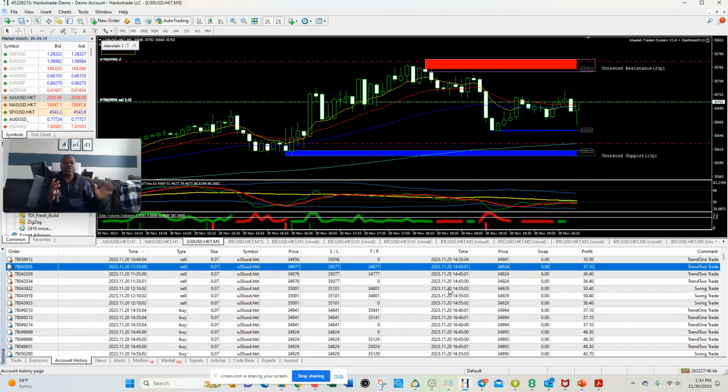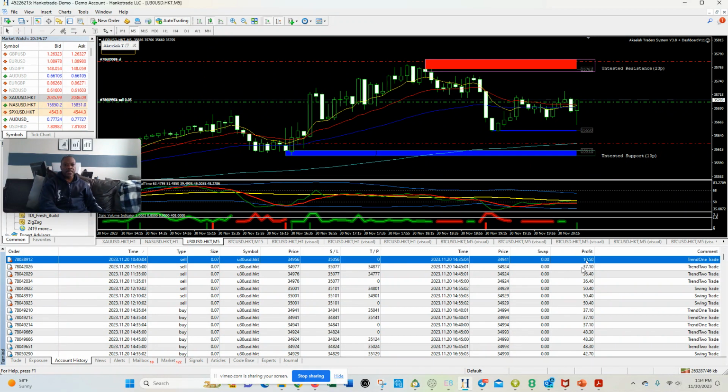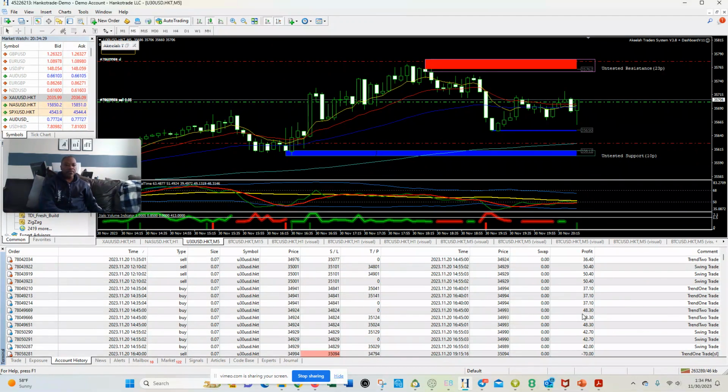But this particular strategy is designed to find smaller moves and capture smaller gains on US 30. If you look at some of the history here, starting November 20th, this is $10, $30, $50, somewhere in that range. Even though our tolerance is $200 with this strategy, we're rarely seeing that. We want to have enough tolerance to give the market room to move.